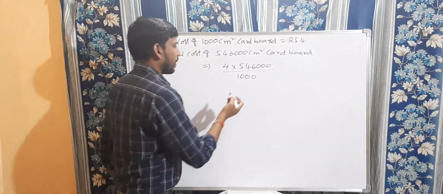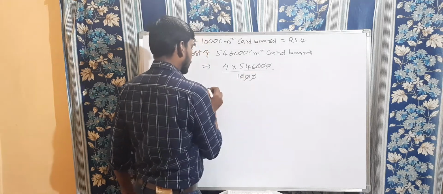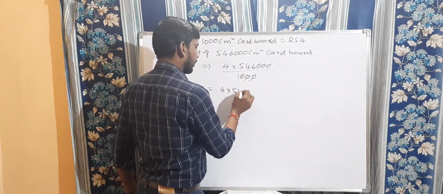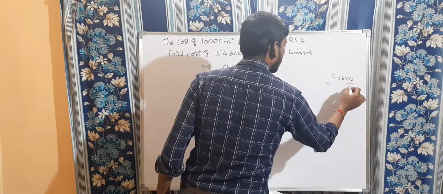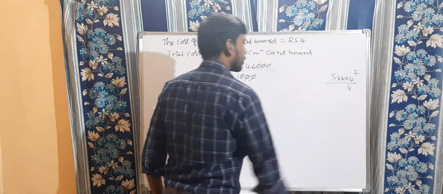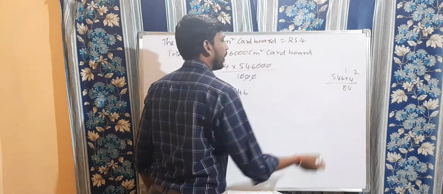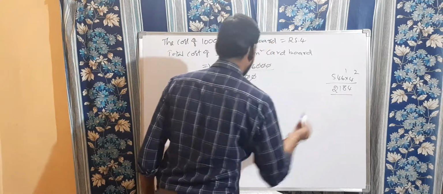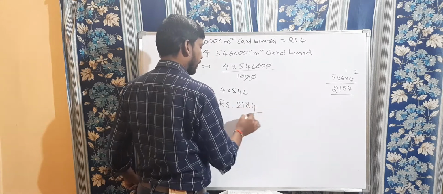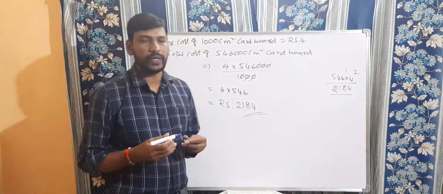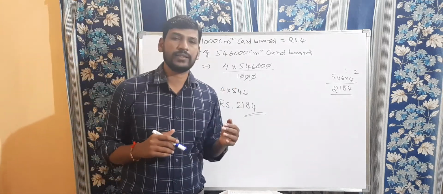Now 3 zeros will cancel, which implies 4 into 546. By multiplying 546 into 4, 4 6s are 24, 4 4s are 16, 16 plus 2 is 18, 4 5s are 20, plus 1 is 21, that is ₹2184. This is the total cost required for making 500 boxes, in that 250 are larger boxes, 250 are smaller boxes.